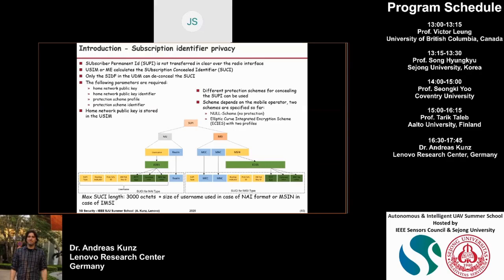Another one would be that the home network operator did not provide a public key, or the third option would be that the home network provider wants to use the null scheme. And then you apparently have no protection of your permanent identity. But the mechanisms are in place.